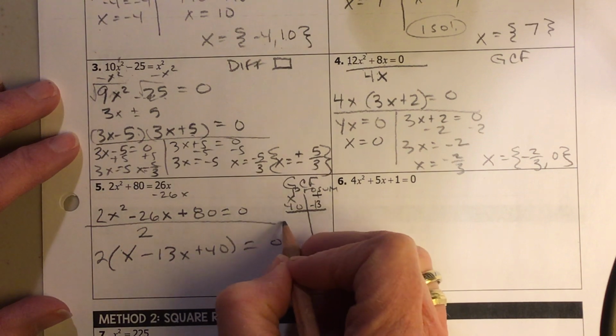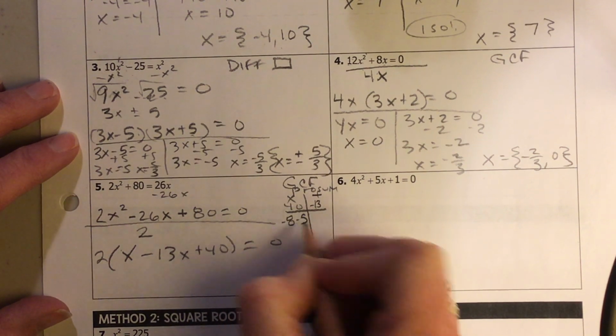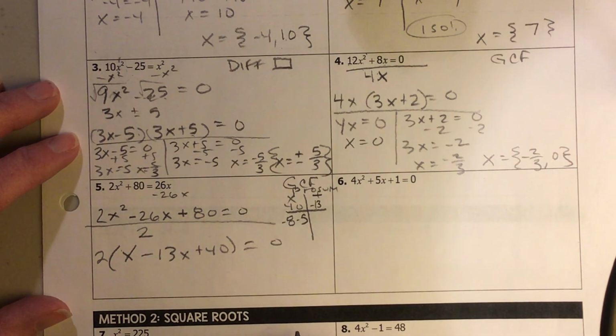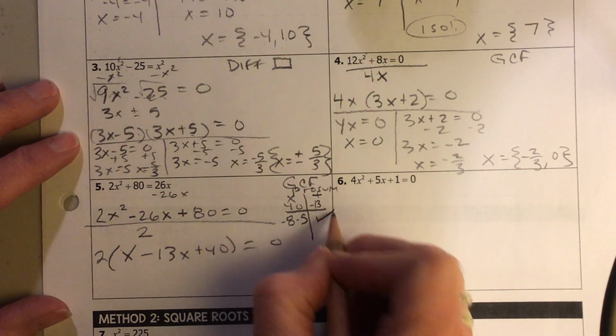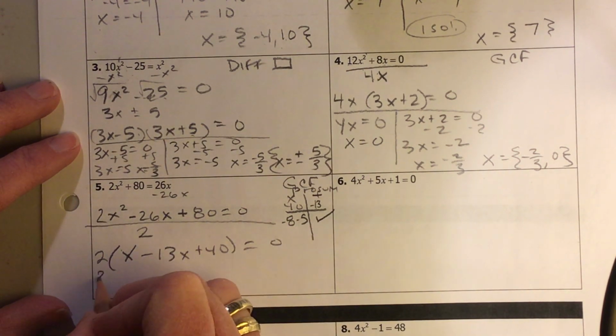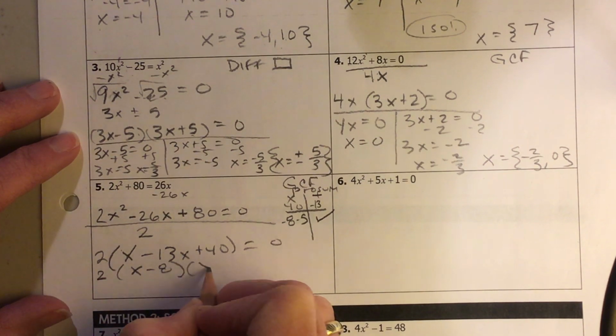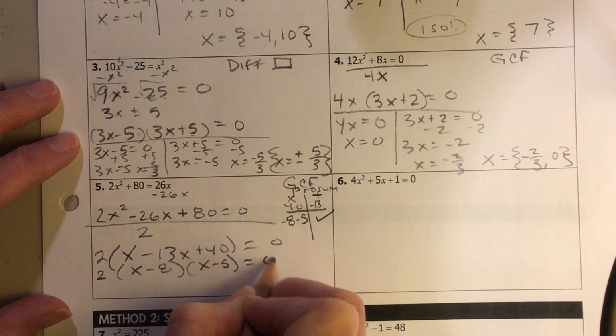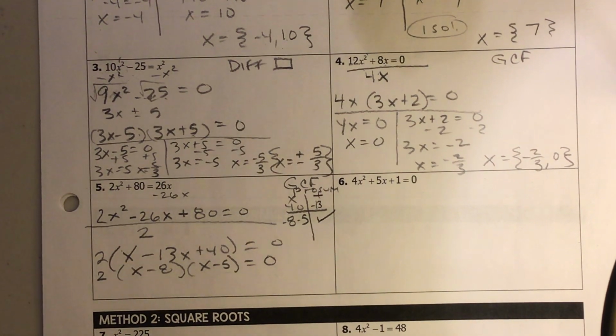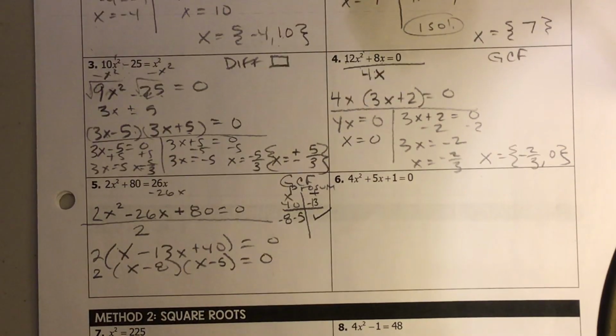Well, I know 8 times 5 is 40, and they're both going to be negative, and they add to negative 13. So I'm going to have the 2, and then I'm going to put these in my factors.